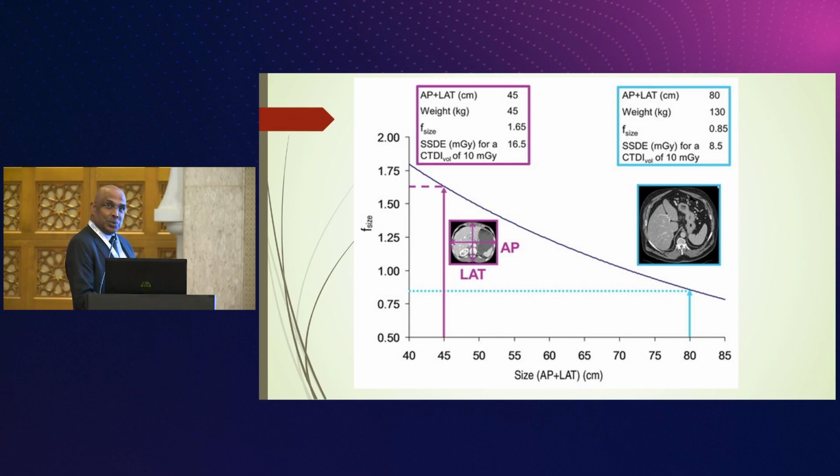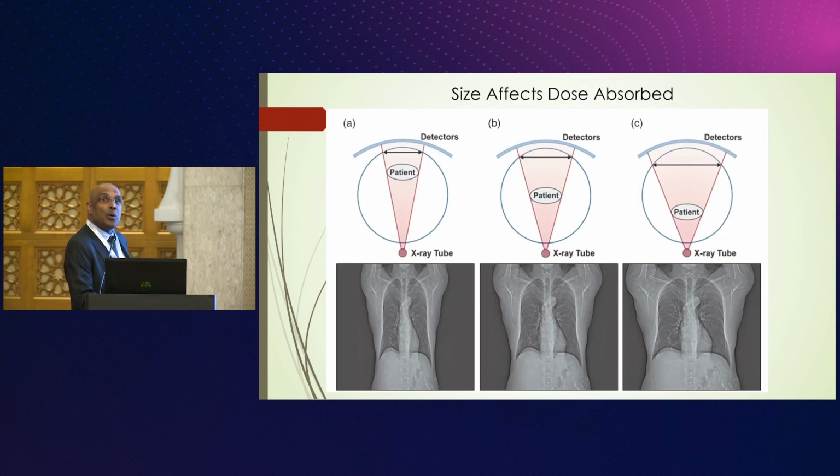In order to use that, we need to be very careful about how we position the patient, so here comes the importance of patient positioning. If you don't position the patient at the isocenter, and bring the patient close to the X-ray tube, the system assumes that the patient is large, because the projected size of the patient on the detectors is much larger than if the patient was at the isocenter.